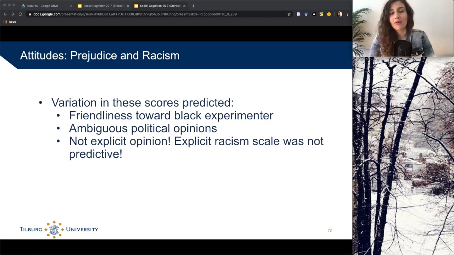It didn't, however, predict participants' explicit opinion. So when they were directly asked explicitly about racism, holding racist beliefs, negative beliefs about black people, these overt, open beliefs didn't correlate with our implicit measure.